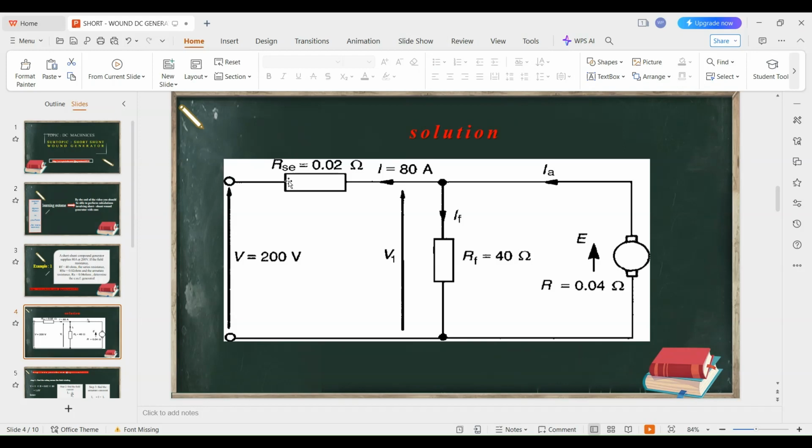We are given the current and we have the resistance, so we can go ahead and find the voltage drop. It is 0.02 times 80, which gives us 1.6 volts.